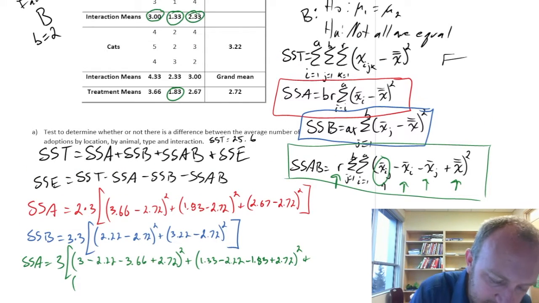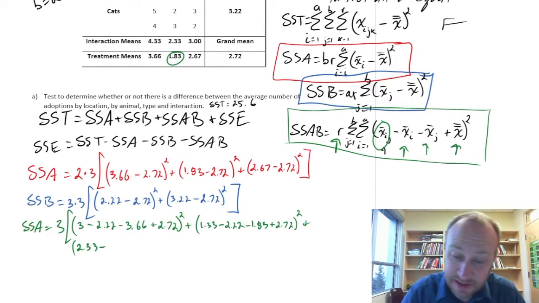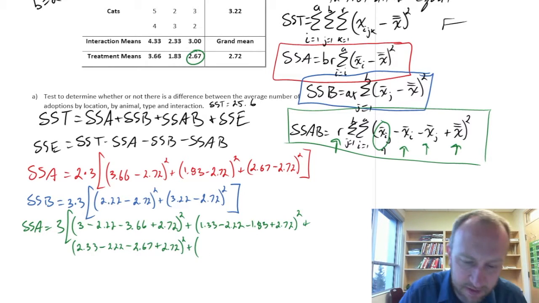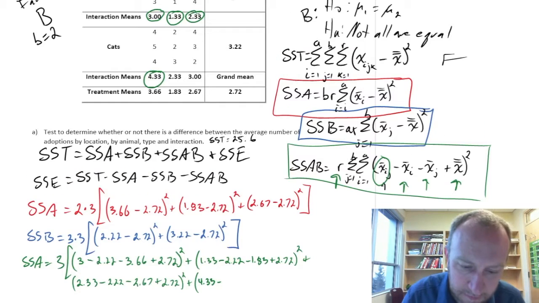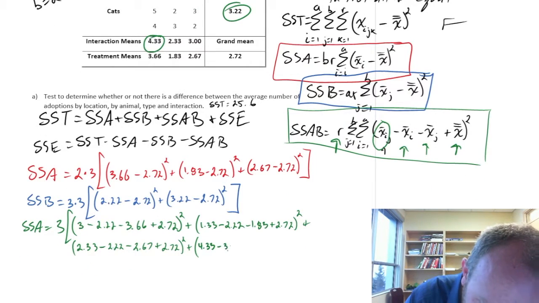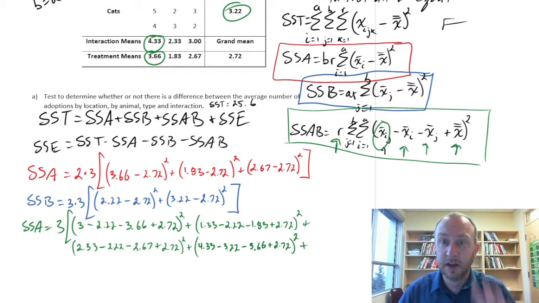Now 2.33, oh, I'm going to scroll up, 2.33 minus, now we're still in that same treatment in factor B, so it's still 2.22 there, but now we're at this treatment mean, 2.67 plus our grand mean, 2.72 squared, plus, now we are down to these means here, so 4.33 minus, now this is our relevant treatment mean across factor B, so minus 3.22 minus, and this one here, 3.66 plus 2.72 squared plus 2 more still to go.